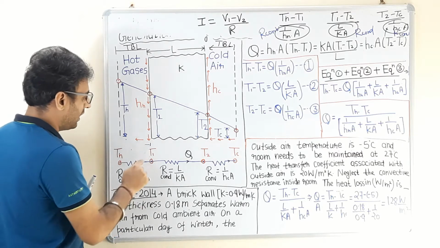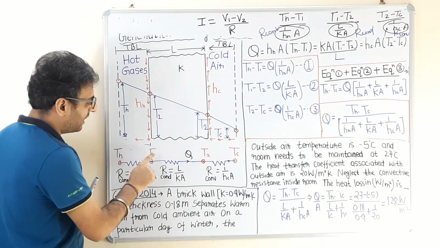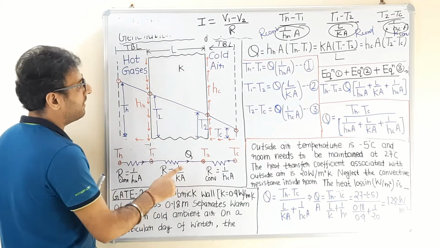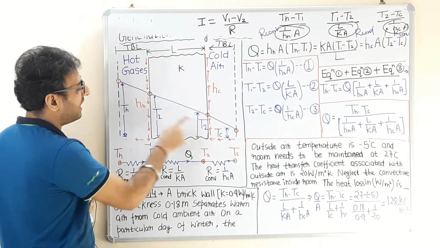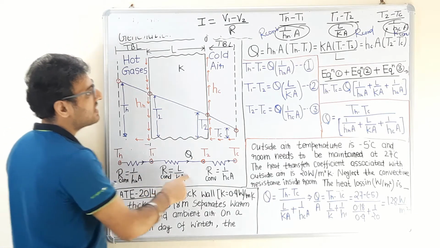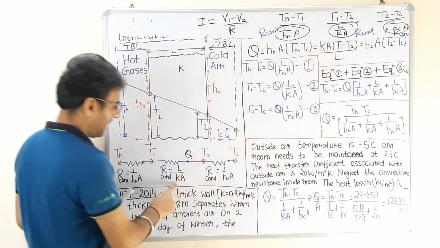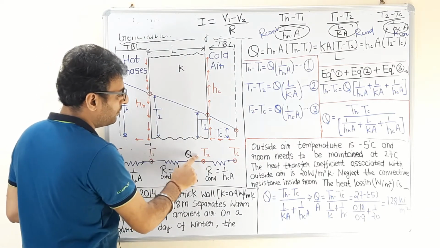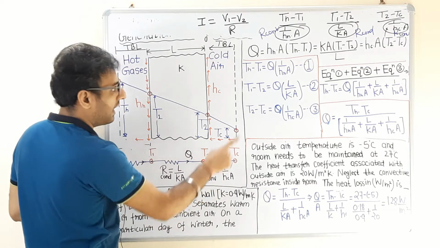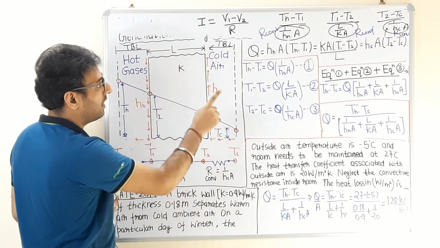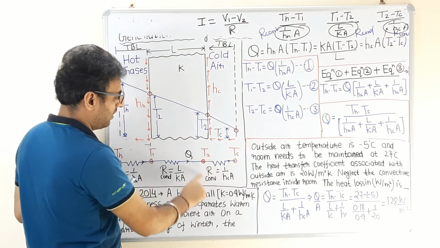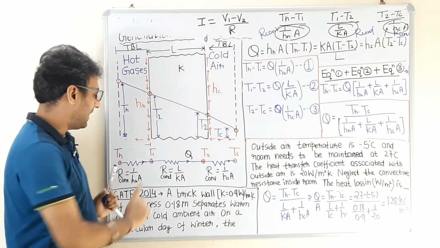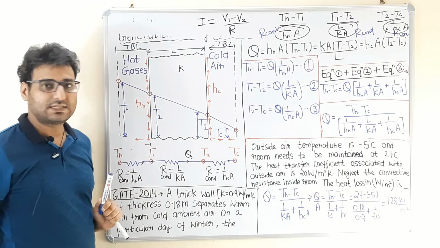Now heat is transferred between T1 and T2 by conduction, so the thermal resistance between T1 and T2 is the conductive resistance, given by L by K A. Further, heat is transferred from temperature T2 to Tc again by convection, and the convective resistance for this process is 1 upon Hc A. So this is basically the electric circuit for our thermal system.